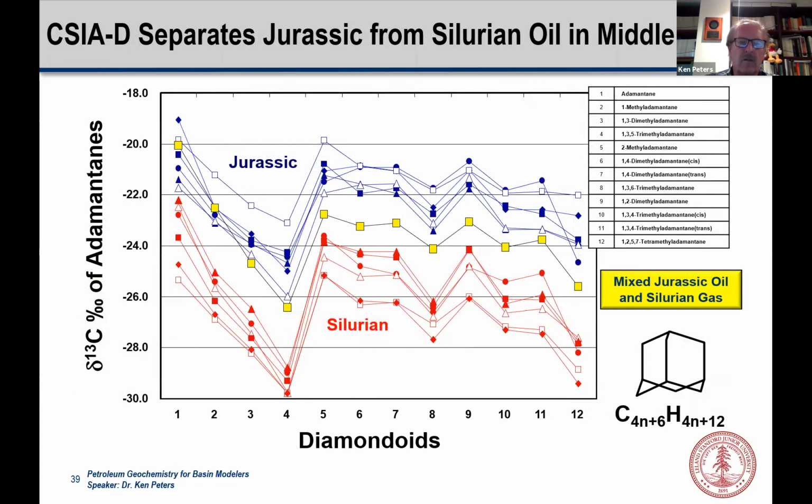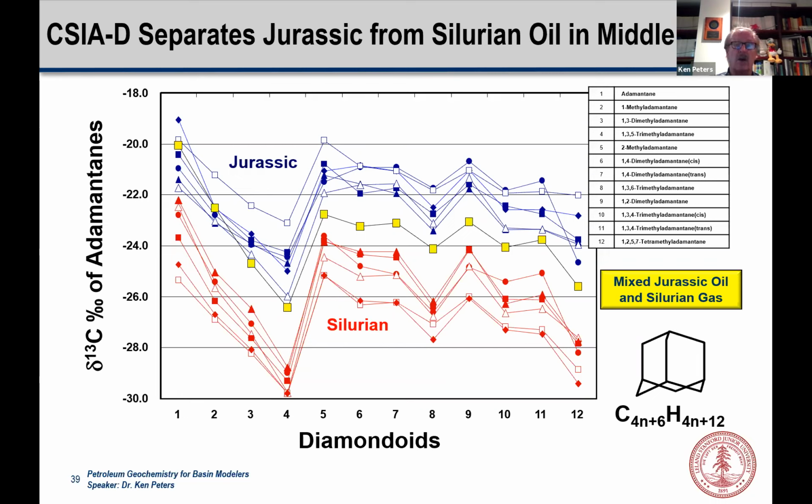This is from the Jurassic in the Middle East. You can see these are Jurassic oils. These are nice black oils. And these are the diamondoids. I introduced the adamantane to you in the first lecture. That's that little ball here. It's a very thermally stable compound. It's present even in gas condensates. And these Silurian oils from below the salt in the Middle East are very light, low sulfur oils.